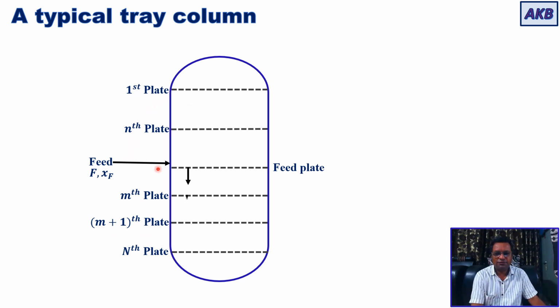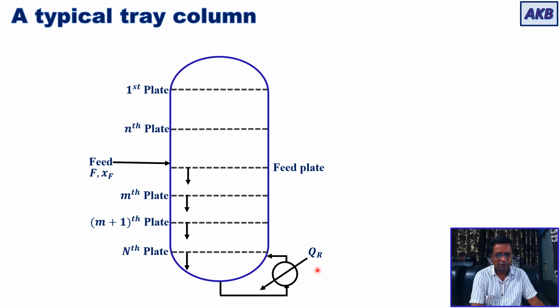I'll be following these notations in my discussion. As the feed enters the column, it will be flowing down to the reboiler. I have shown the path. Then in the reboiler, heat will be added so as to cause boiling of the solution.